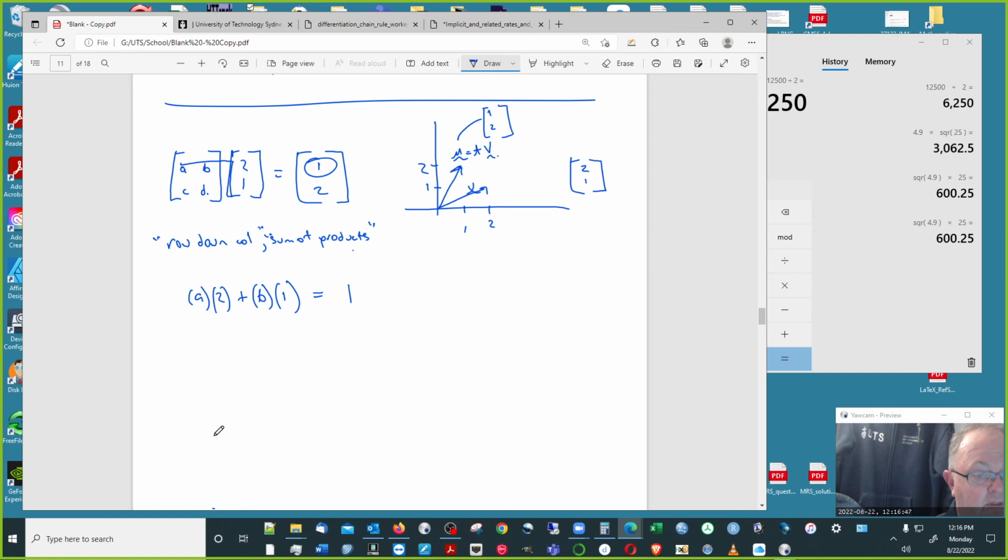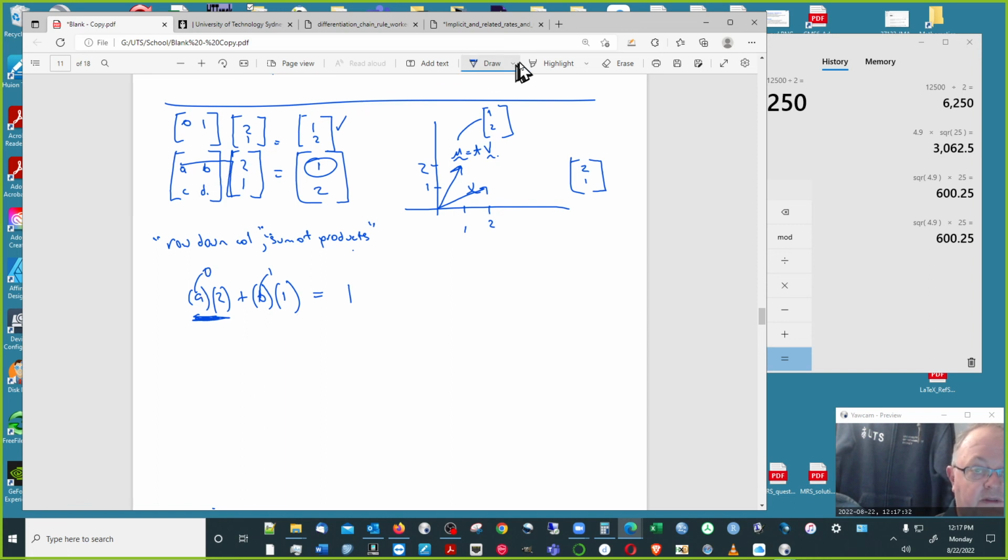Well, I'd like to eliminate the 2, so a good version of that would be 0. Keep the 1, a good version of that would be 1. So up here, my first row is going to be 0, 1. Okay, row down column will give me 2 times 0 plus 1 times 1, which will be 1.